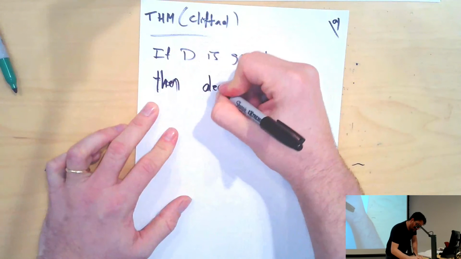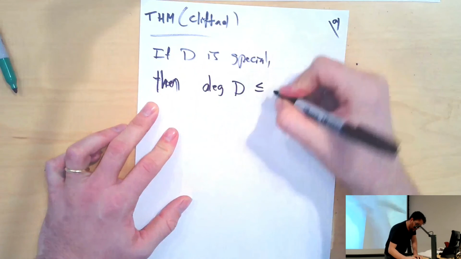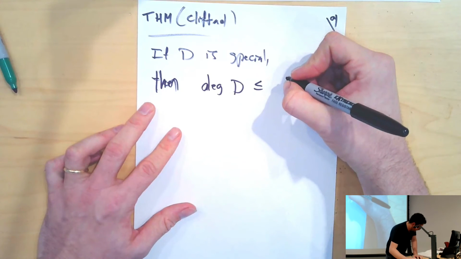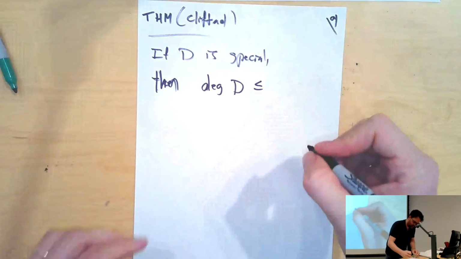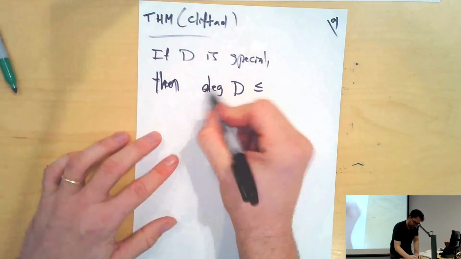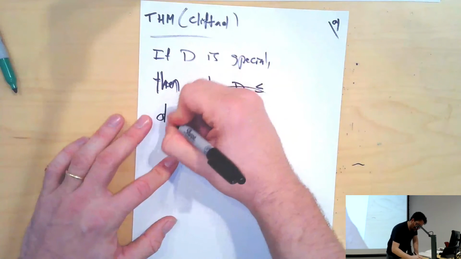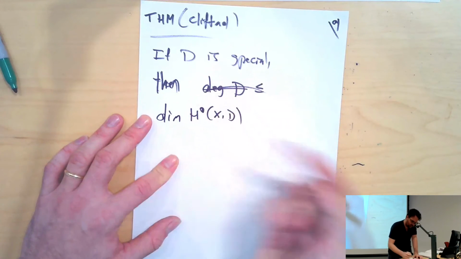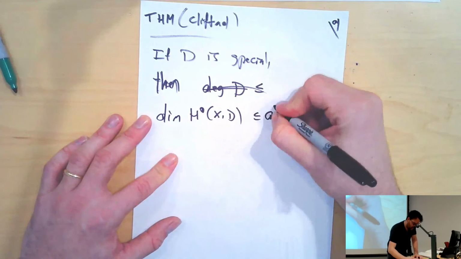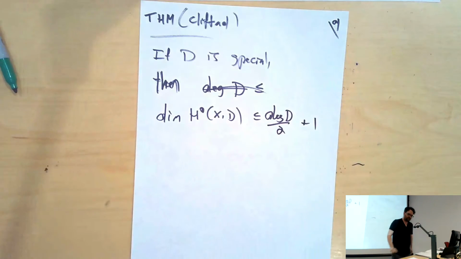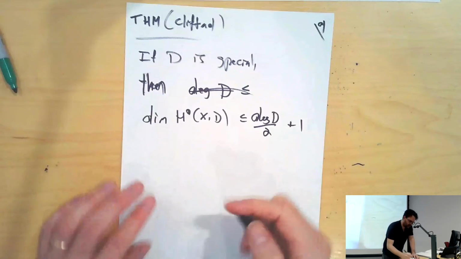The degree of D is at most, why am I blinking? I got this backwards. The dimension, that's why I hesitated. The dimension of H^0 of O_X(D), so the linear system, is at most the degree of D over 2 plus 1. So quick context.